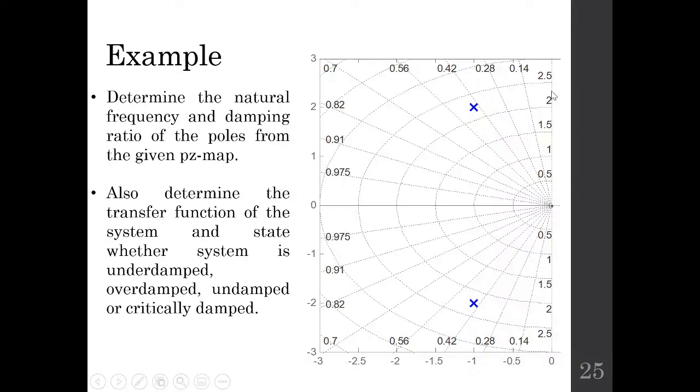So in this case your omega n will be about 2.3, and if you go towards this line, then your zeta may be somewhere around 0.48. I think you can easily find the value of zeta and omega n from this graph.